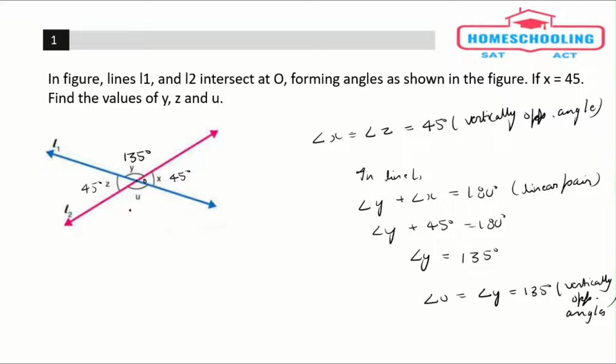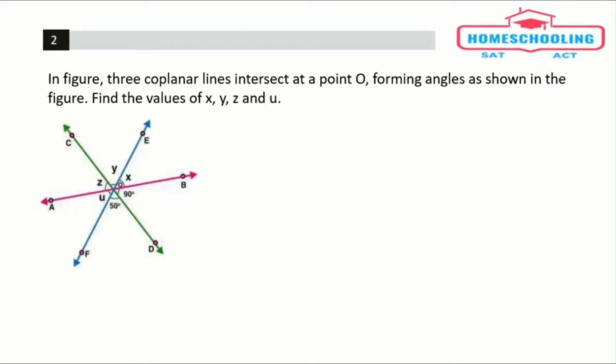So this would also be 135 degree. In the question it is asked to find the value of y. So y is 135, z is 45, and u is 135. So you have to find an option in which it is given 135, 45 and 135. Now moving to the next question.